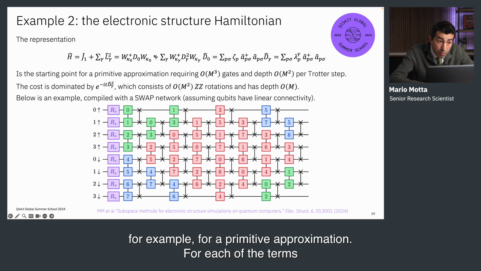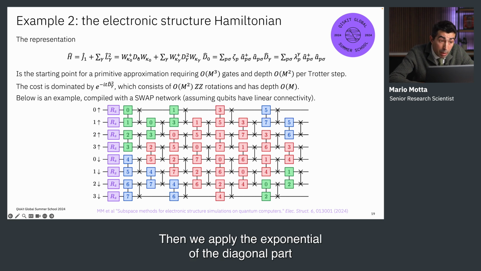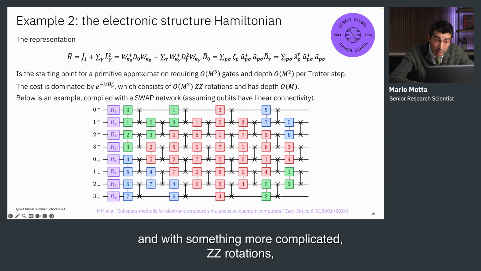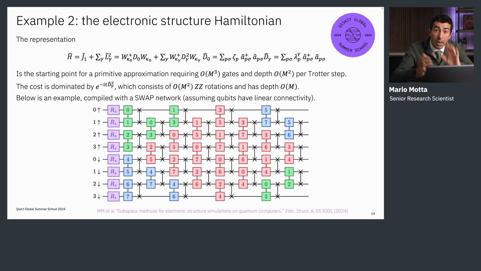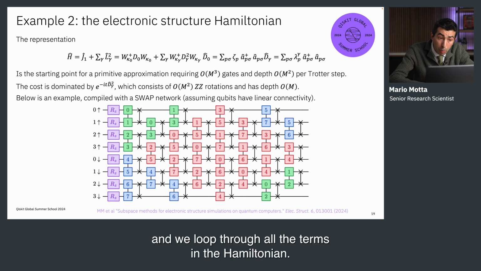For each of the terms of the Hamiltonian, we apply the Bogoliubov transformation, then we apply the exponential of the diagonal part with a single layer of z rotations for the one-body part and with something more complicated, z rotations, we'll see it in a second, for squares of one-body operators. Then we apply the inverse of the Bogoliubov transformation and we loop through all the terms in the Hamiltonian.